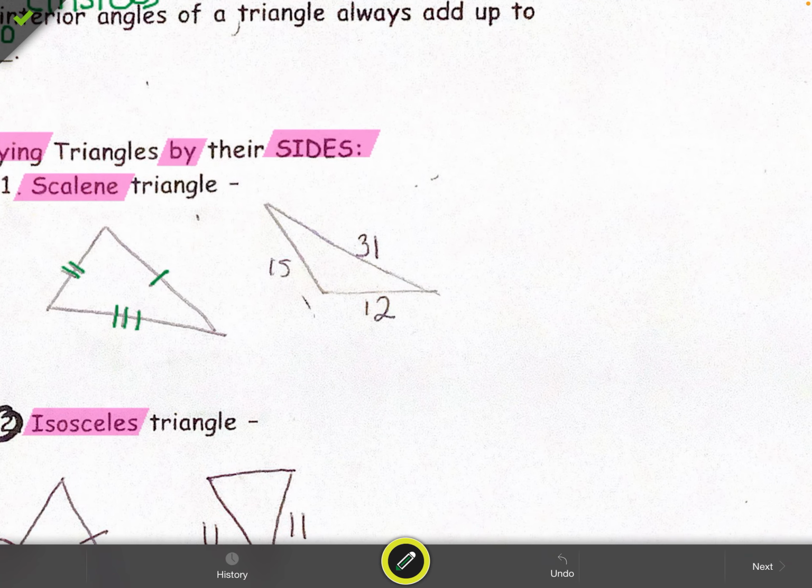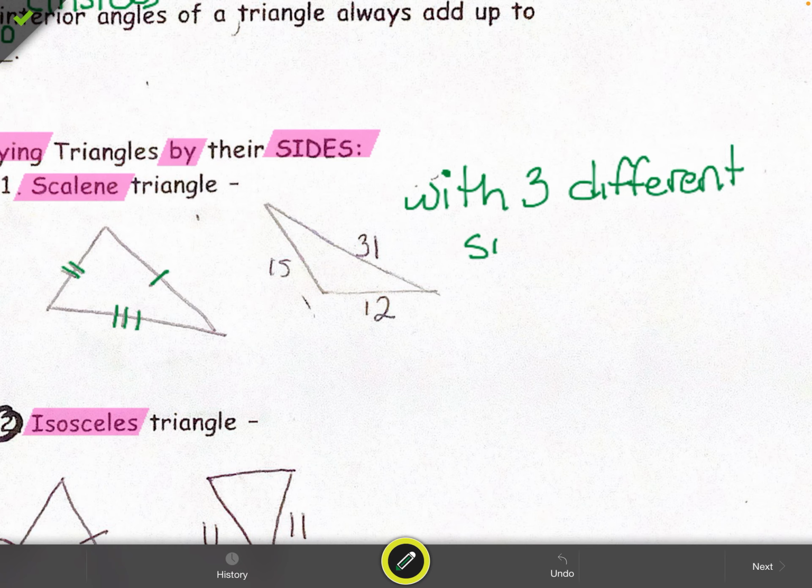Okay, they're all different. So a scalene triangle is a triangle with three different side lengths or measurements.